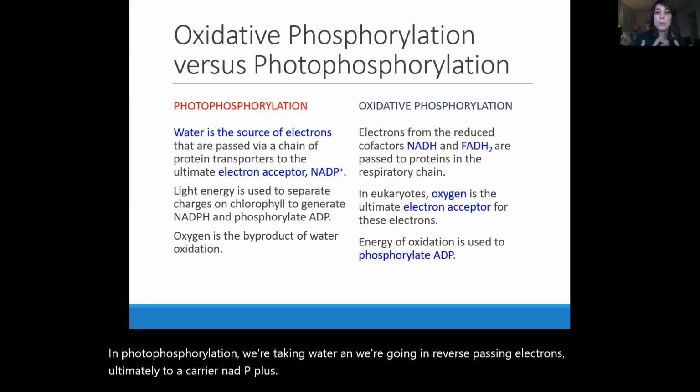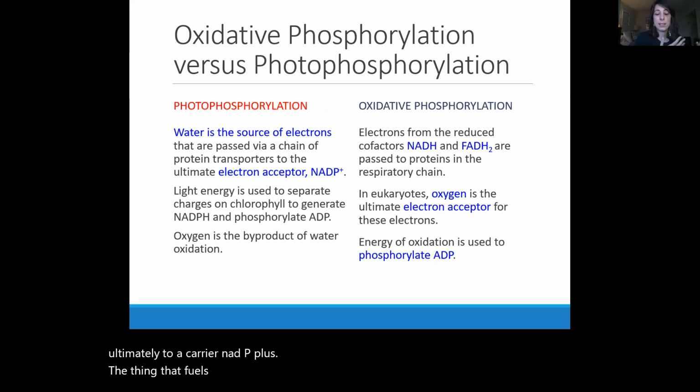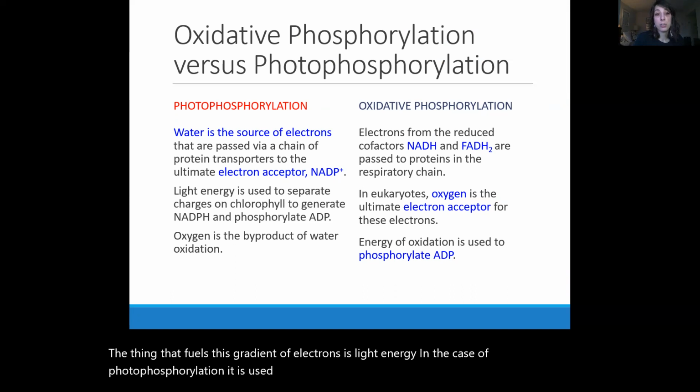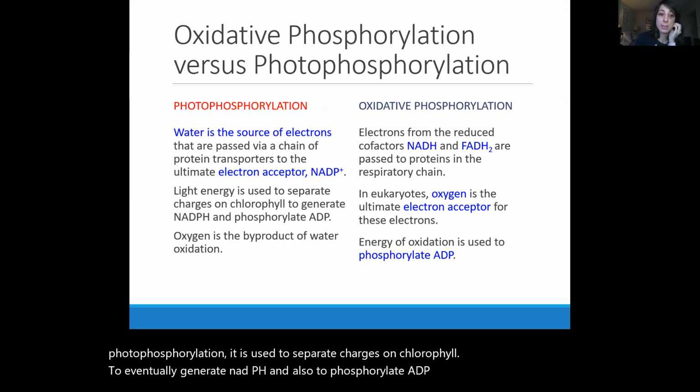The thing that fuels this gradient of electrons is light energy in the case of photophosphorylation. It is used to separate charges on chlorophyll to eventually generate NADPH, and also to phosphorylate ATP, so to also make ATP.